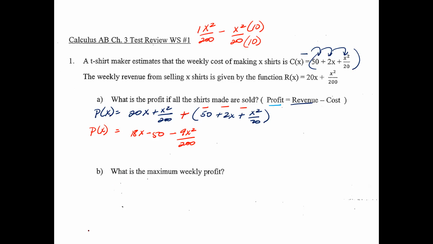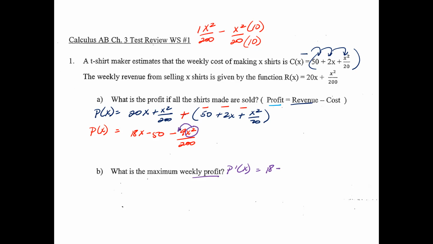Okay, so then B is what is the maximum weekly profit? Given the fact that it's asking you about maximum weekly profit, you're looking at P prime of X, which is what I'm trying to find. So let's go ahead and find the derivative of this P of X. The first one is just 18 minus. You can go ahead and think of this as kind of the power rule.